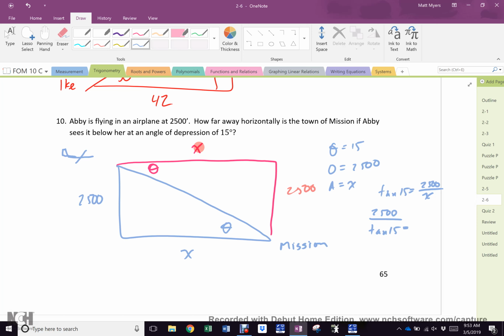And the chart had every decimal for every degree from 0 to 90, sine, cos, tan. And they had to put the decimal there and then do this work: 2,500 divided by point whatever it is. Their calculator wasn't there to do it for them. Everybody cool? And what is the answer? 9,330.1. Yay!